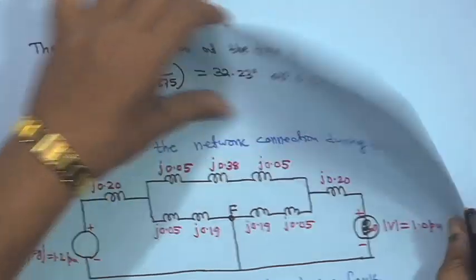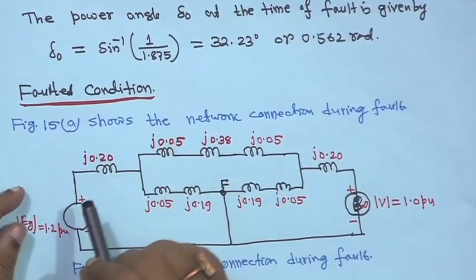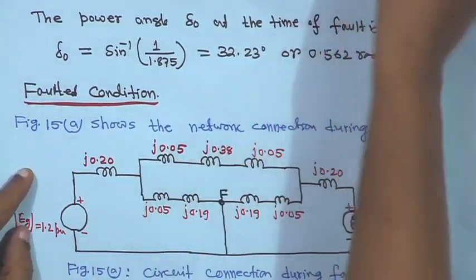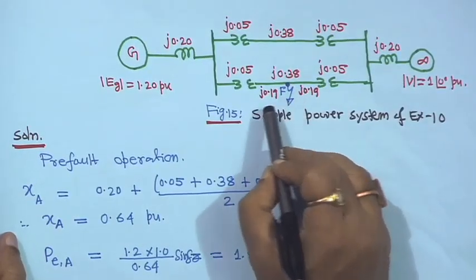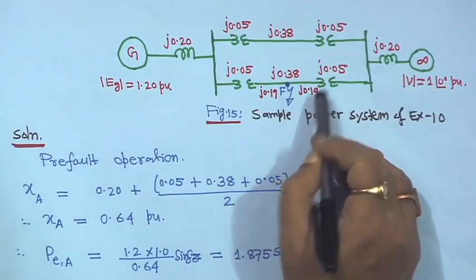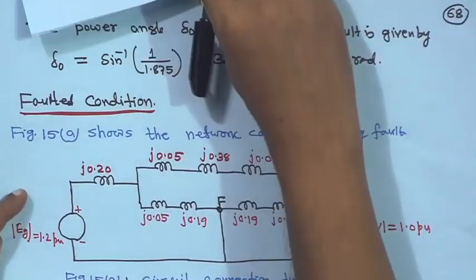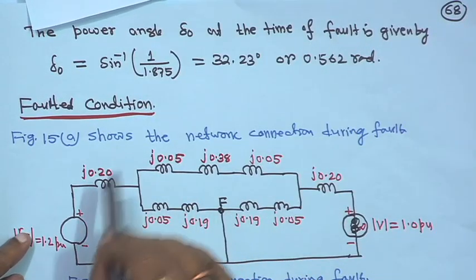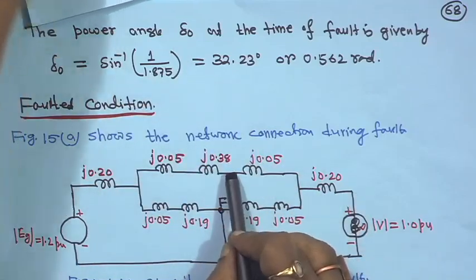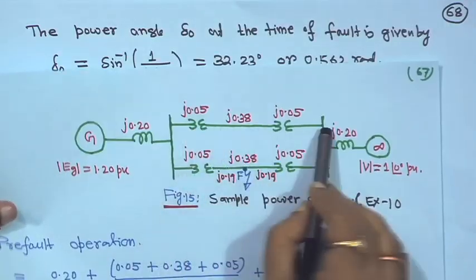So, next is during fault. Suppose fault has occurred at the middle of the second line here. So, this side should be 0.19, this side should be 0.19. If it is so, then you draw this diagram. The fault has occurred at the middle of the line, this 0.2 of this line will remain the same.